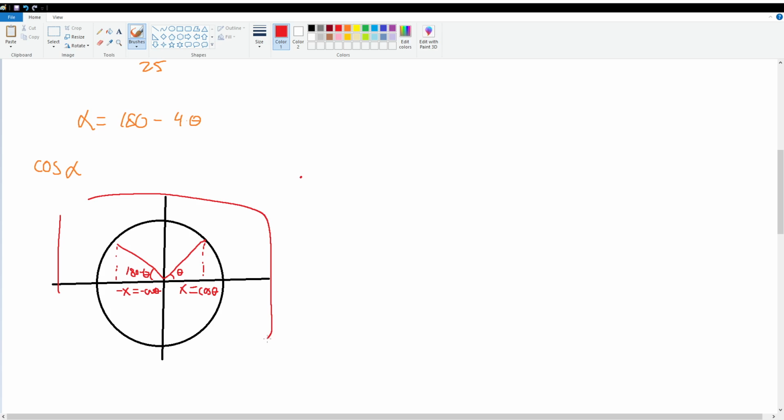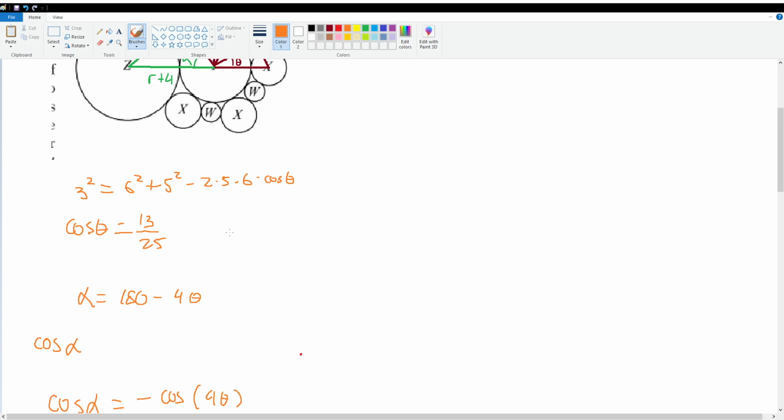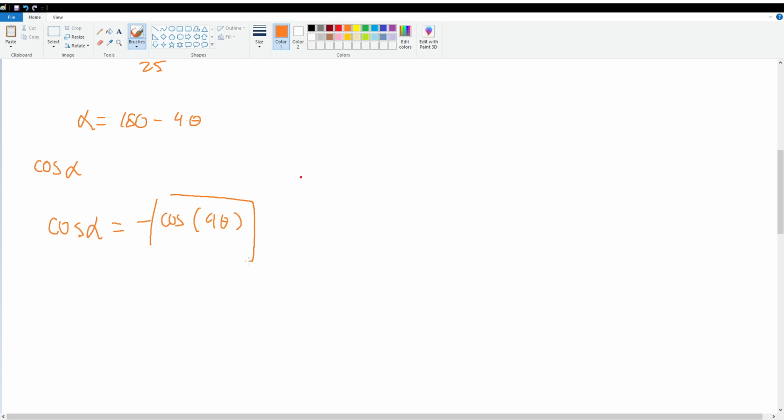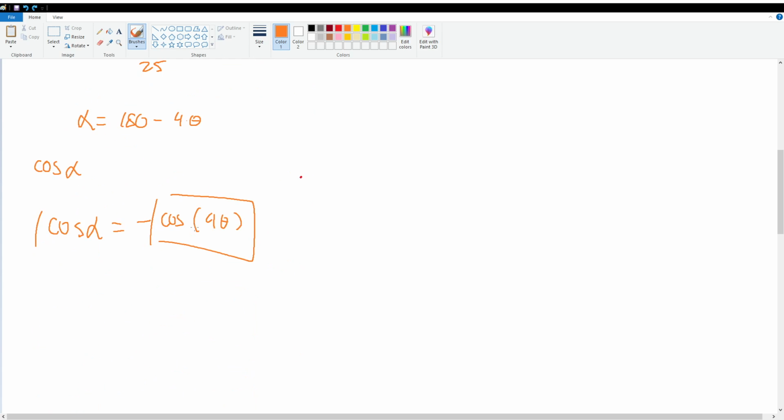And using this logic, I can say cosine of alpha would equal negative cosine of 180 degrees minus 4 theta, or sorry, 180 cosine of 4 theta. So maybe if we could solve for cosine of 4 theta, I could then substitute it into cosine of alpha and use cosine law to solve for r.